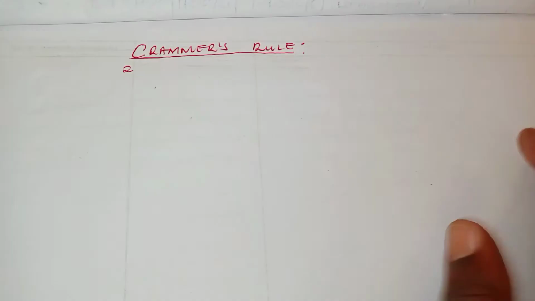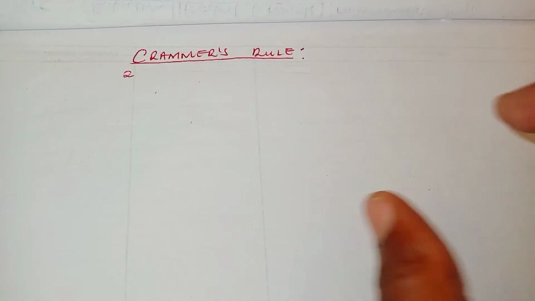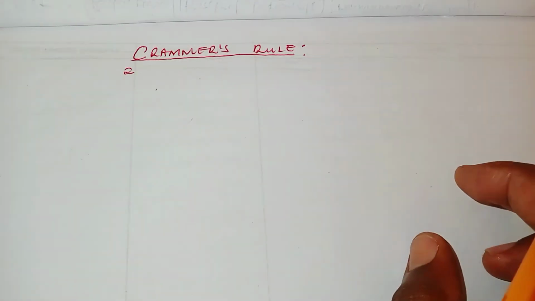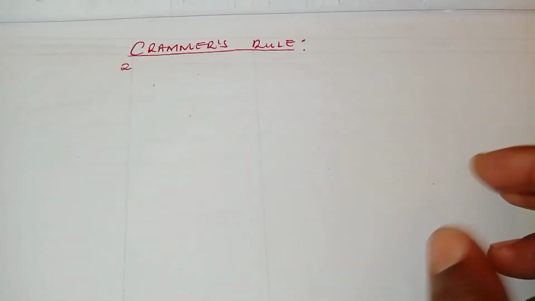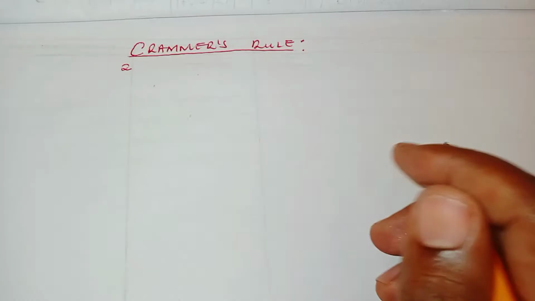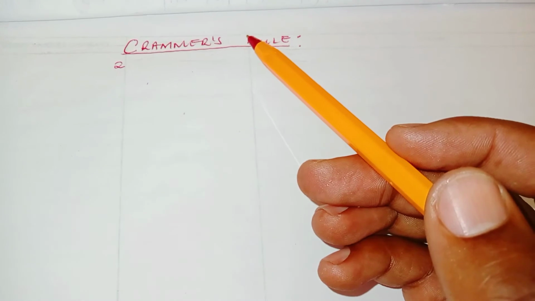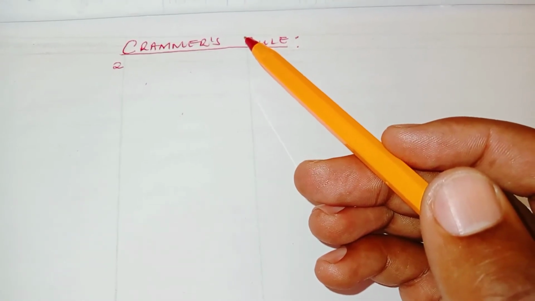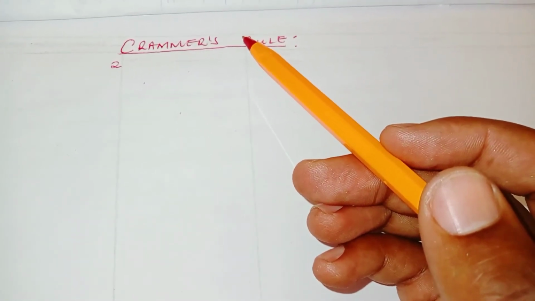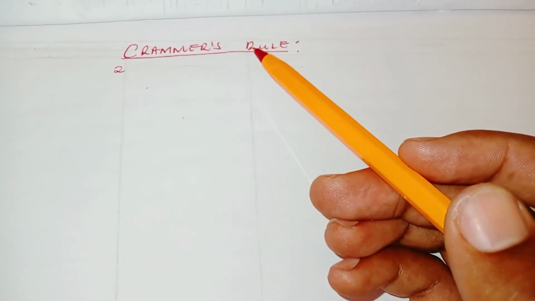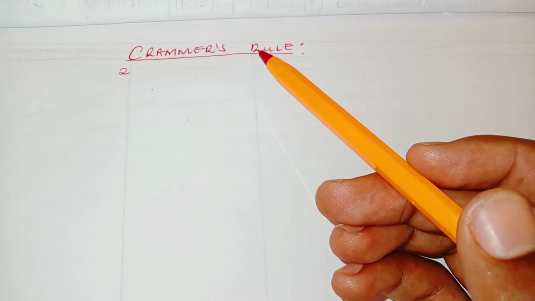In simple terms, if the system does not have a unique solution, this method may fail. This method uses determinants to solve the system, but the system must have the same number of equations as unknowns, right?